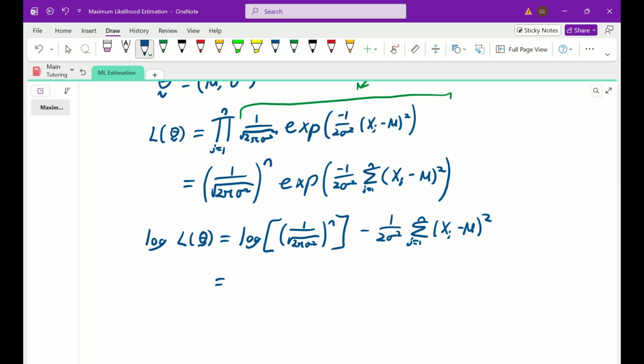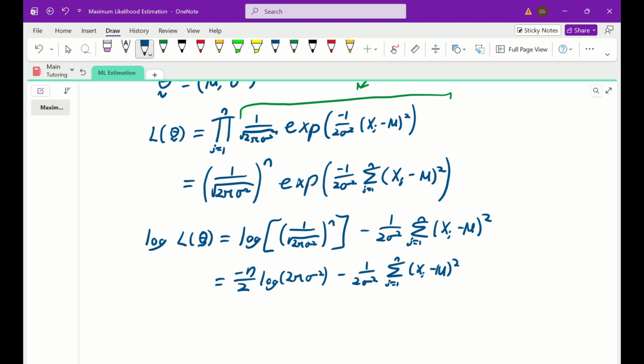And there's the n, so we can pull the n out. So we've got negative n over 2 log 2 pi sigma squared. And then over here, this term stays the same. This one is good as it is. So we've got this, j equals 1 to n of xj minus mu squared.